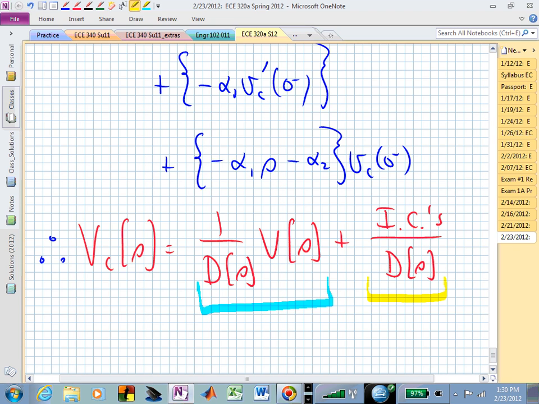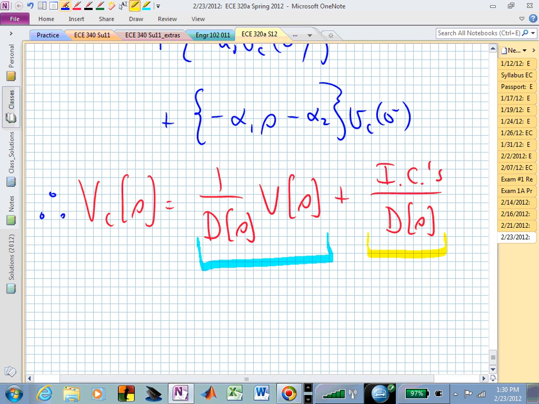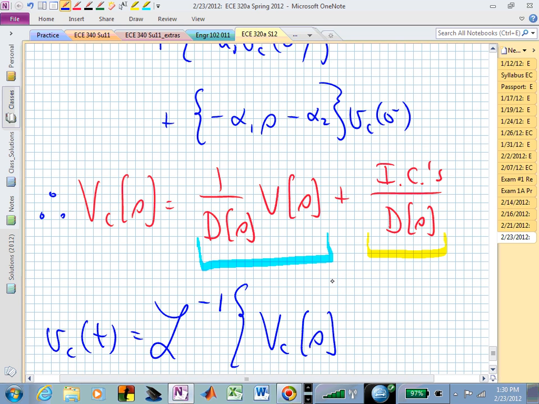And we'll do that by inverse Laplace transforming. Meaning, if we want v sub c of t, we need to learn how to go back the other direction. How do we inverse Laplace transform?